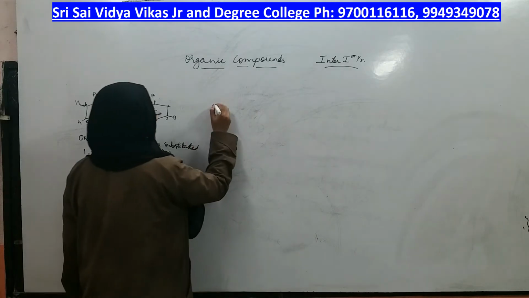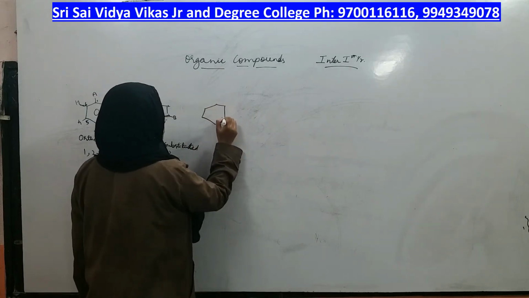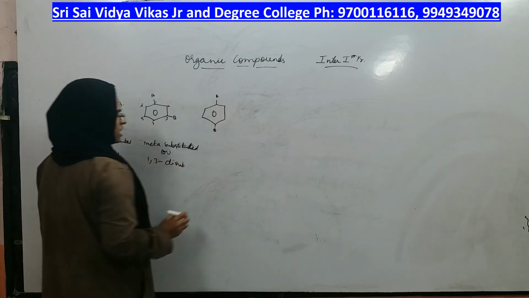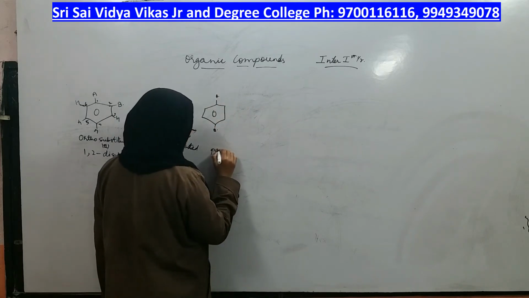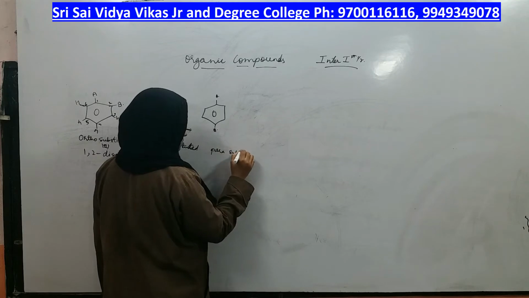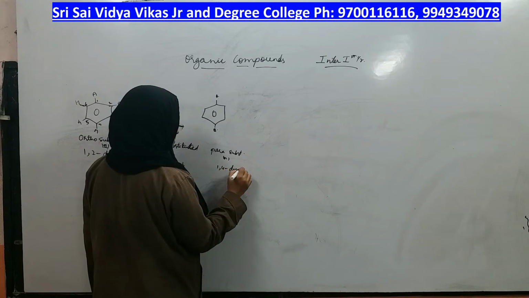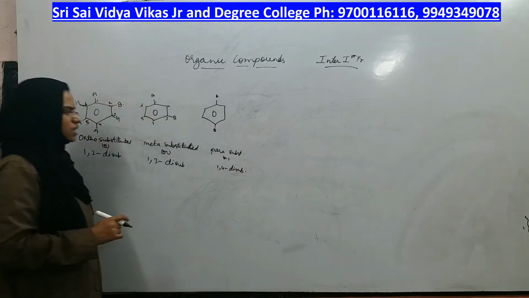And instead of that, if you take 2 groups exactly opposite to each other, it is called para substituted benzenes, or you can also call them 1 comma 4 disubstituted benzene, right?